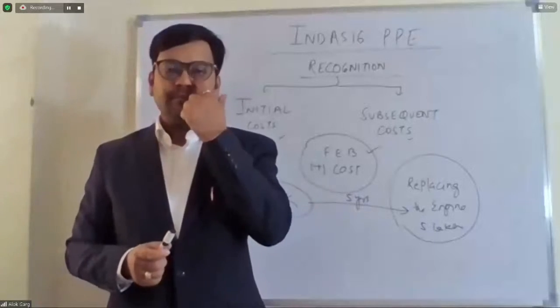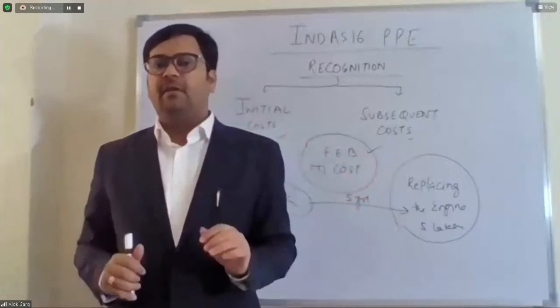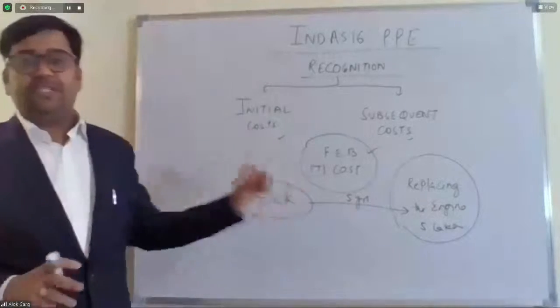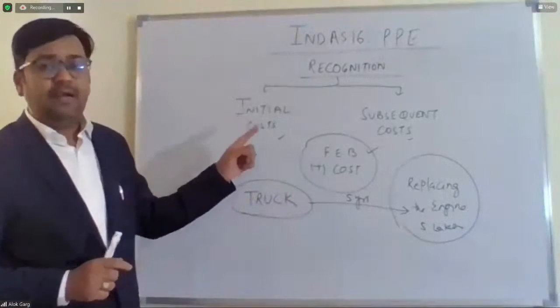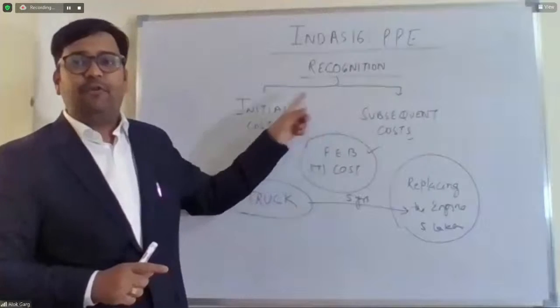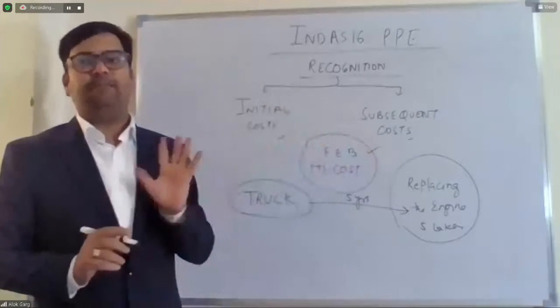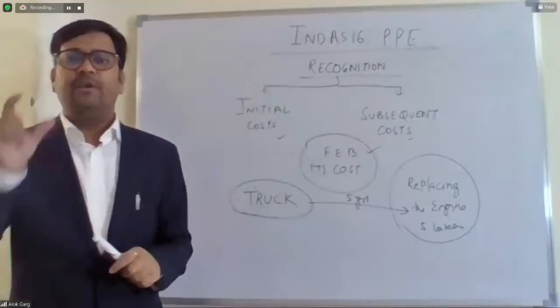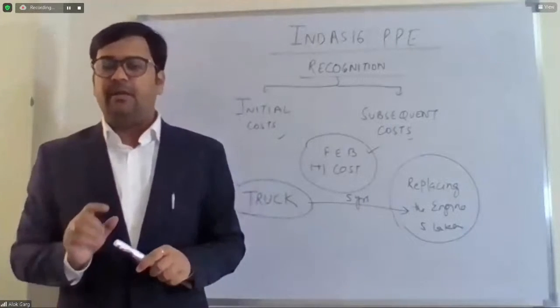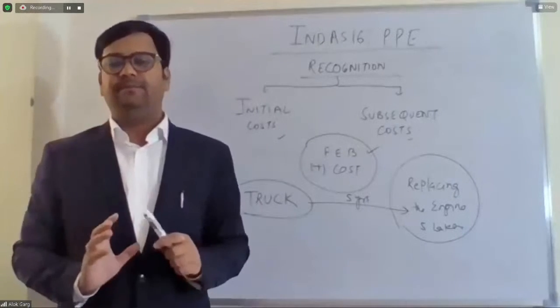But now the concept is different. The only concept is that the recognition criteria for initial cost and subsequent cost is the same. What is the recognition criteria? Future economic benefits should be probable and cost can be measured reliably.